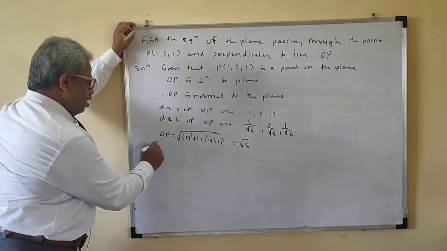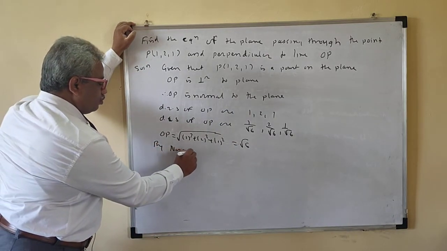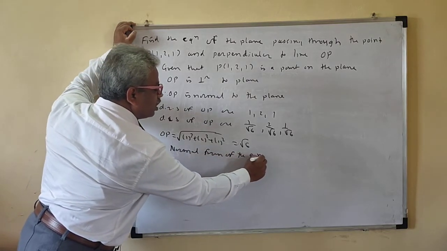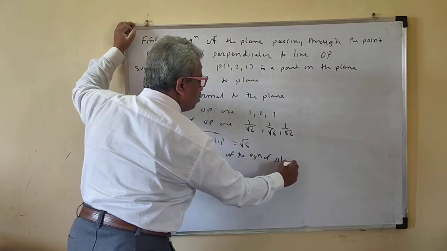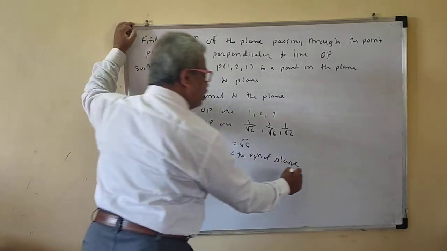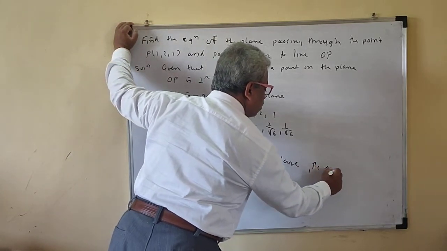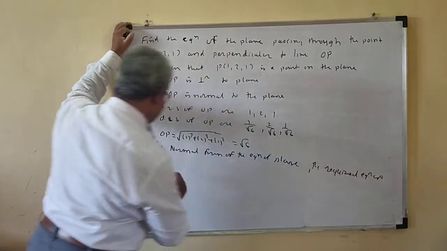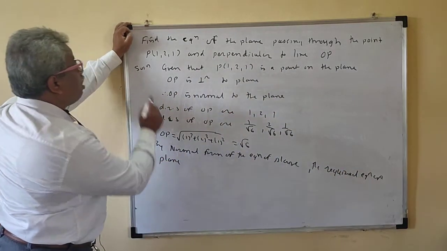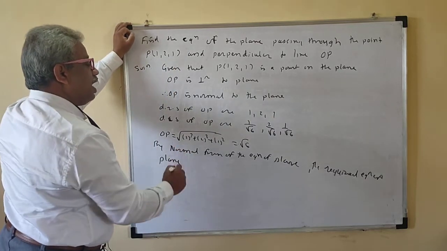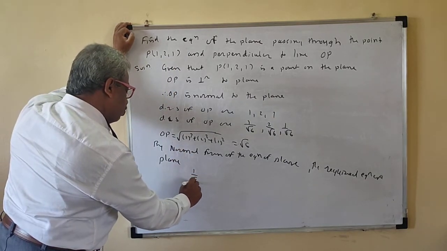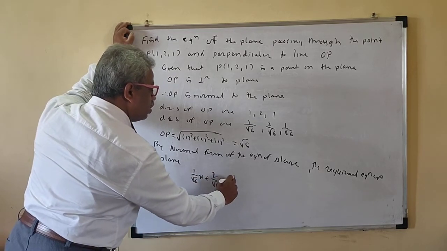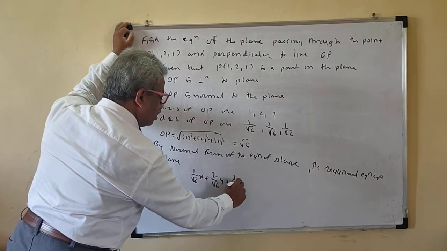So by the normal form of the equation of plane, the required equation of plane is, your l is 1 by root 6 x plus 2 by root 6 y plus 1 by root 6 z.